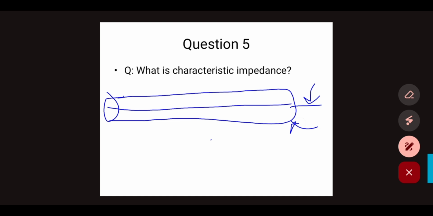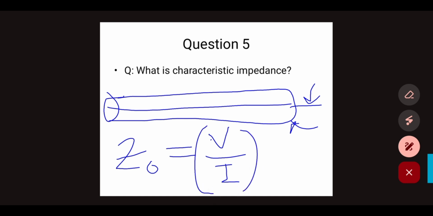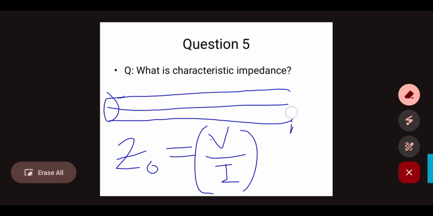Now the thing is, characteristic impedance, which is denoted by Z naught, is the ratio of the voltage to the current flowing through it, provided that this is an infinitely long coaxial cable, or suppose we attached one load here.